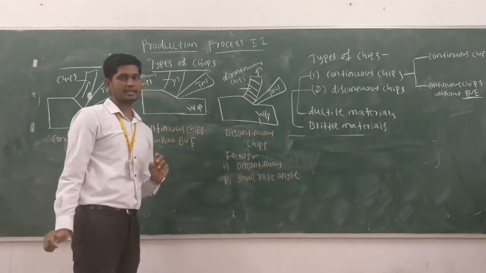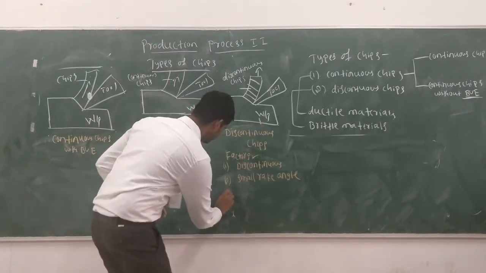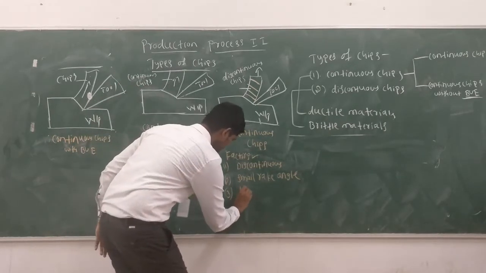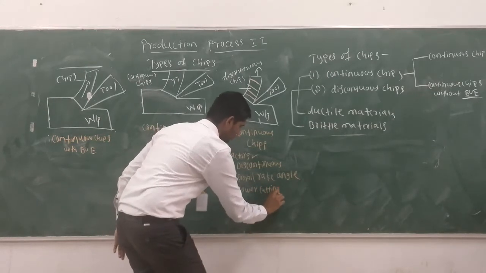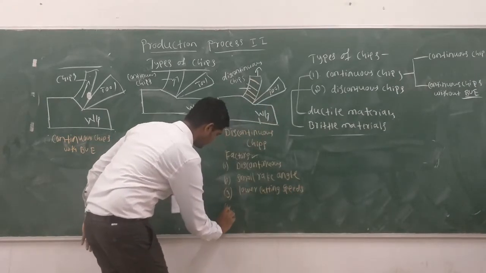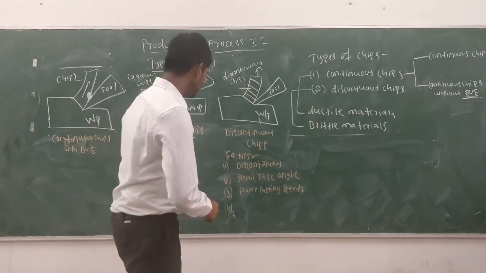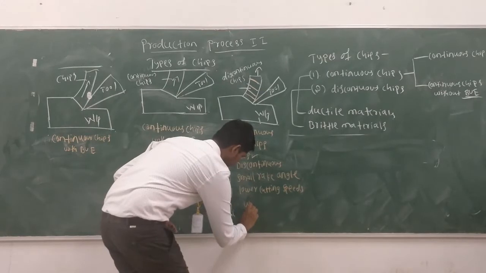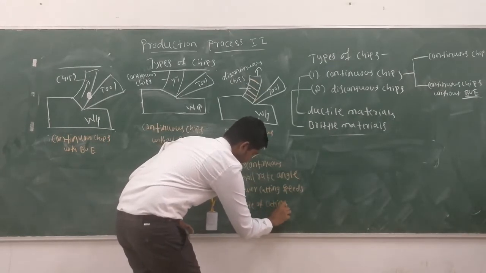The small rake angle also results in the formation of discontinuous chips. The third one is lower cutting speeds. And the fourth one is the use of cutting fluids.